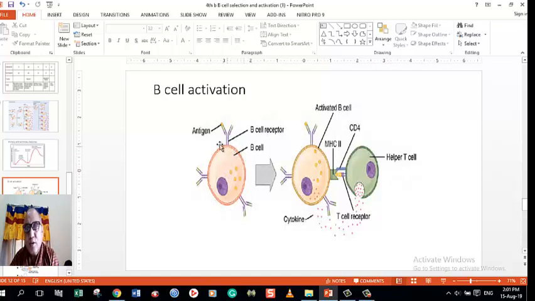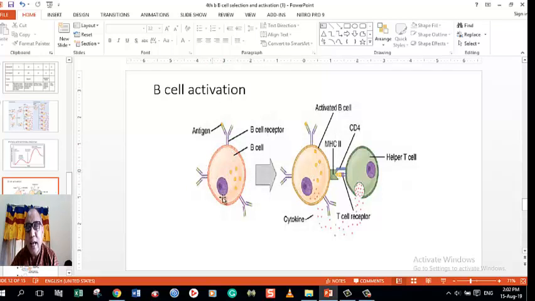These B cells also have a surface receptor protein, which I said earlier. The surface receptor proteins are one is antibody, and there is also MHC2 protein, that is major histocompatibility complex. So MHC2 is present in all the antigen presenting cells like macrophages, B cells and dendritic cells.